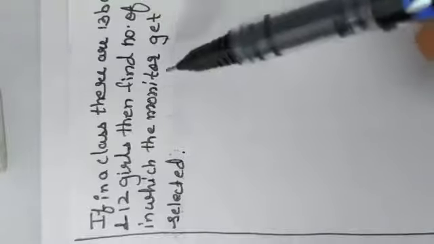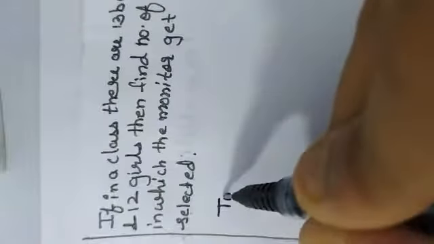I am repeating the question. If in a class there are 13 boys and 12 girls, then find the number of ways in which the monitor gets selected. So now the event is to select a monitor.